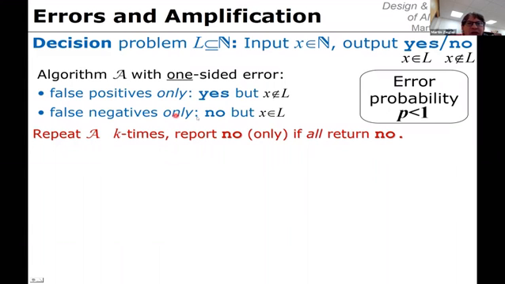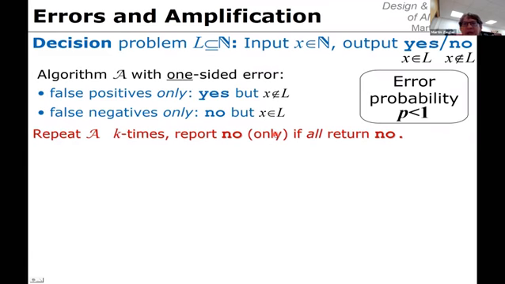And recall, false negatives means that when the algorithm says yes, this can always be relied on. The only answer that cannot necessarily be relied on is when the algorithm says no. So if we execute the algorithm k times and any of these k executions says yes, then our new meta algorithm will correctly answer yes.